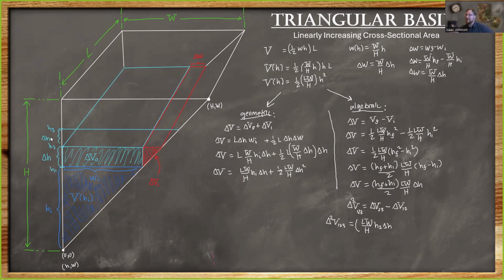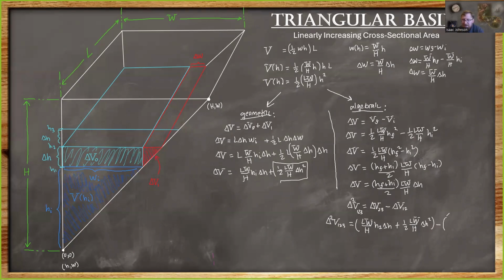We don't want to compare apples to oranges. So then, whoa, this term doesn't even depend on initial height, does it? The triangular wedge shape does not depend on your initial height, just depends on the delta, right? So we've got plus 1/2 length times width over height times delta H squared. This is our delta V from 2 to 3.